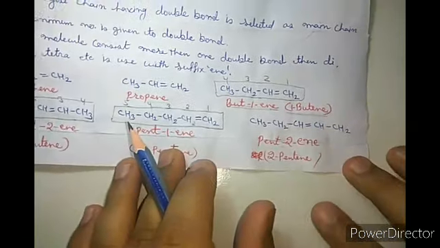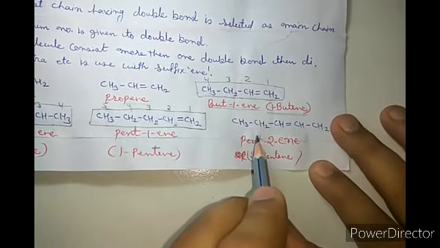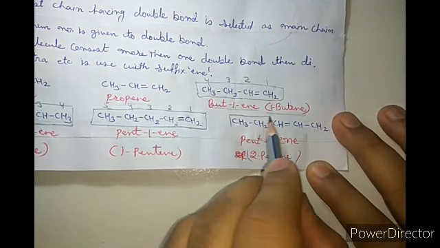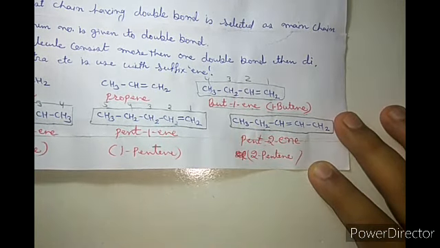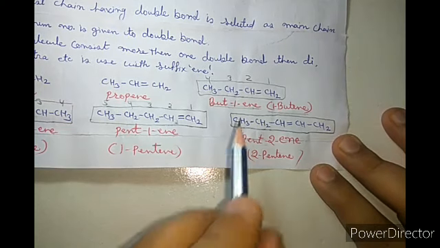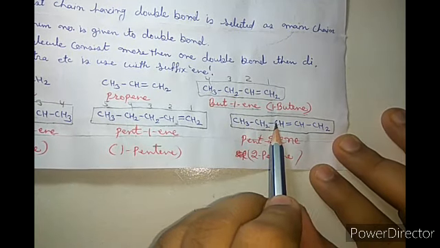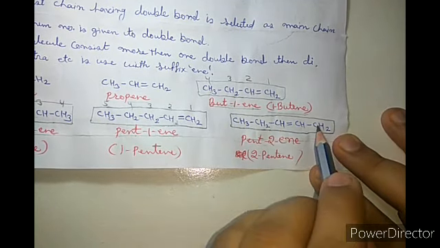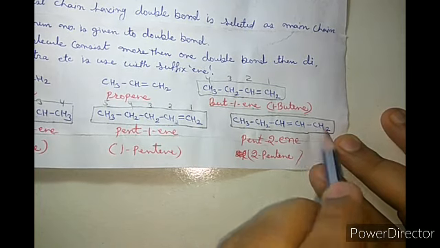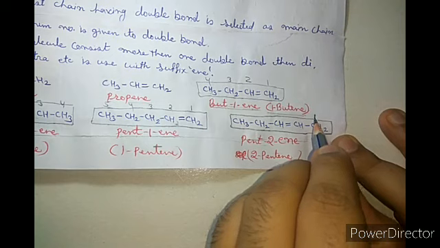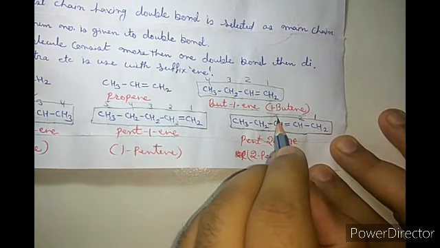Got it? Now the second one. This is the longest chain. Start the numbering. 1 2 3. The double bond is getting the third number. Here 1 2, so the minimum number is given from that side, so the numbering will start from that one. 1 2 3 4 5.